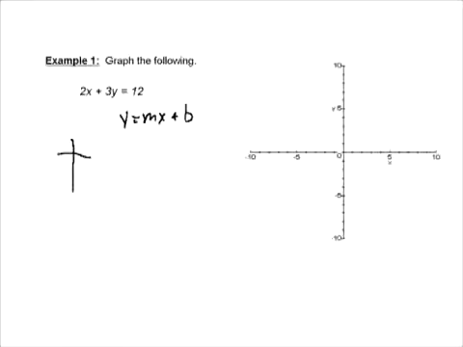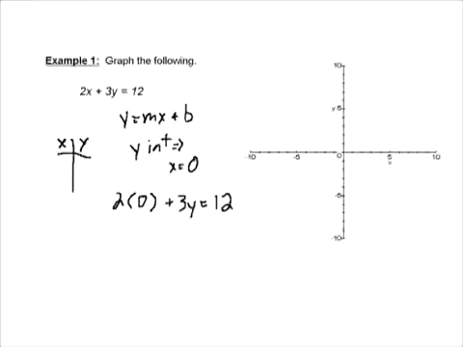The intercepts are the points where the line crosses the x and y axis. Now remember, for the y-intercept, x is equal to 0 at that point. So if we want to find the y-intercept, we take our equation, and everywhere there's an x, we replace it with a 0.